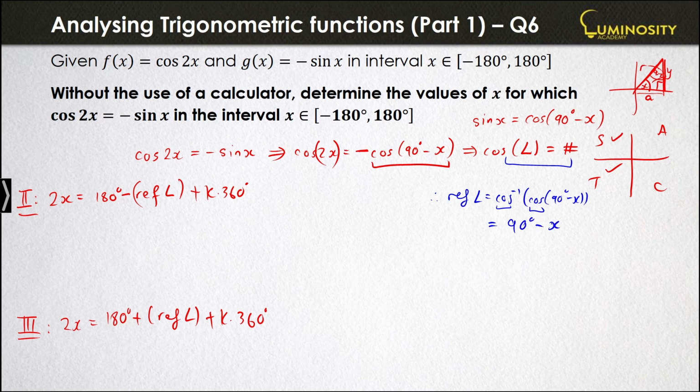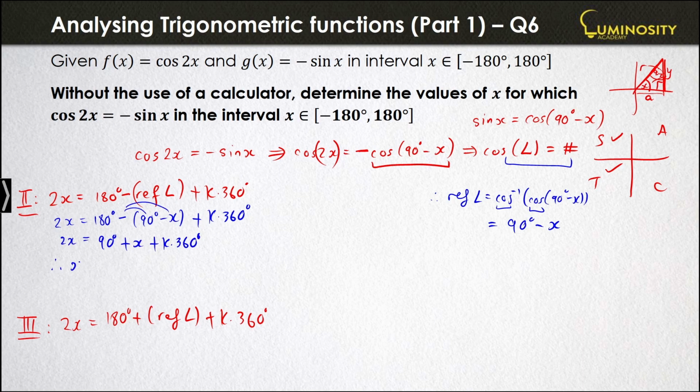So that's the reference angle. Therefore, 2x is equal to 180 degrees minus 90 degrees minus x, plus k times 360. Be careful to put your brackets, because that negative needs to distribute out. So 180 minus 90 is 90, and minus x is plus x.